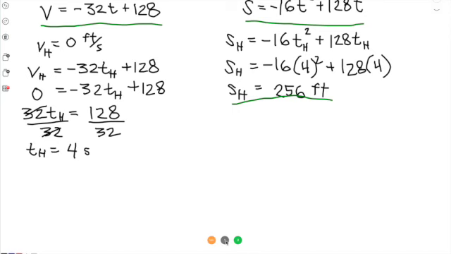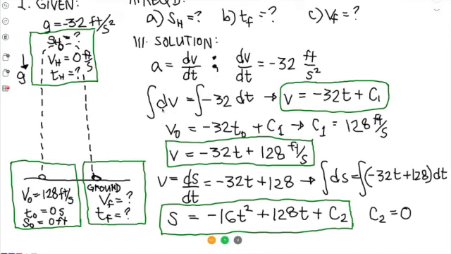Let me give you an idea about that. This height would be 256 feet, where the stone will reach a velocity of 0. We started with 128 feet per second, and since it's constantly acted upon by negative 32 feet per second squared, the velocity will be constantly decreased until it reaches 0 at this point. This point is 256 feet, and earlier we solved that it takes 4 seconds to reach that.